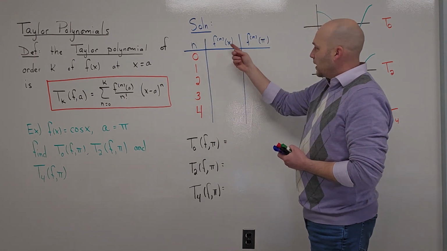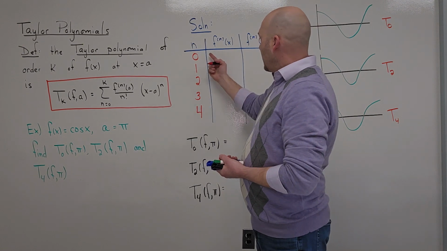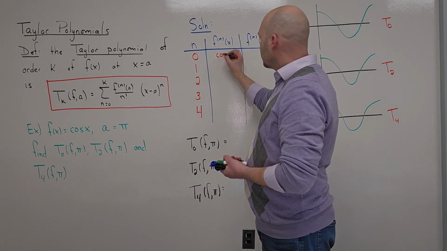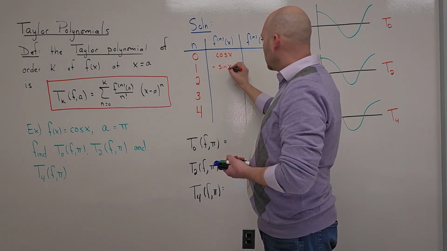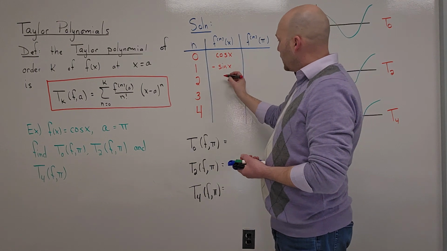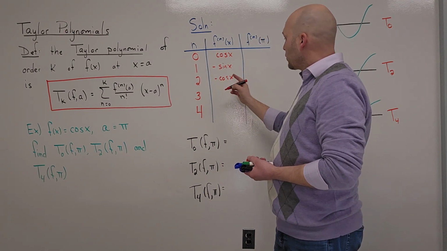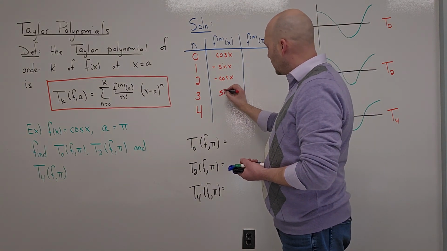And then in the second column, I'm going to differentiate the function. So 0 means no derivative, so that would give me the cosine. First derivative is negative sine. Second derivative would be negative cosine. Third derivative would be the derivative of negative cosine, which would be positive sine.